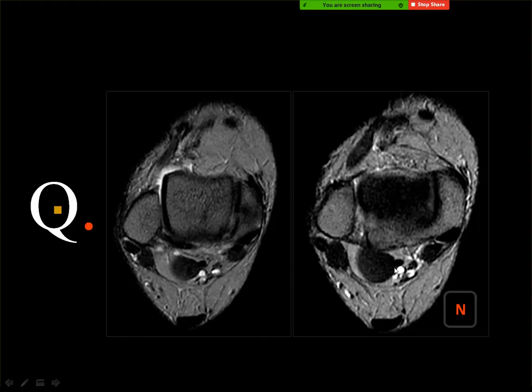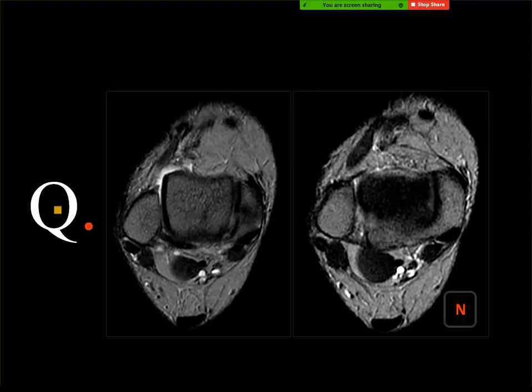This is a normal for comparison, and this is where the pathology is. Anterior tibiofibular or tibio-ulnar tear completely. Tibio-ulnar is not present in the pathology.